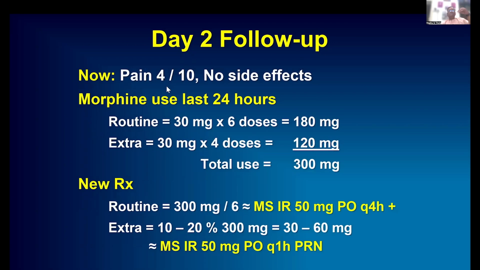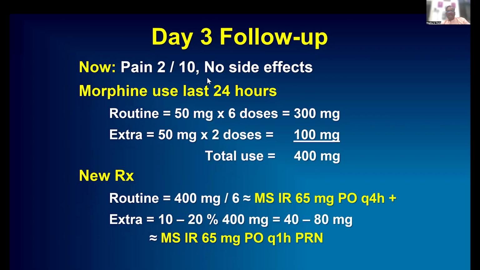So day 2 he comes back, his pain becomes 4/10, no side effects. Morphine use, 6 doses is 180 milligrams. Again, he takes 4 doses extra. So total becomes 300 milligrams. Again, new treatment. If you see all those 300 milligrams, you divide it by 6, it comes to 50 milligrams. So his new prescription will be 50 milligrams Q4 hourly, 50 milligrams Q1 hourly SOS.